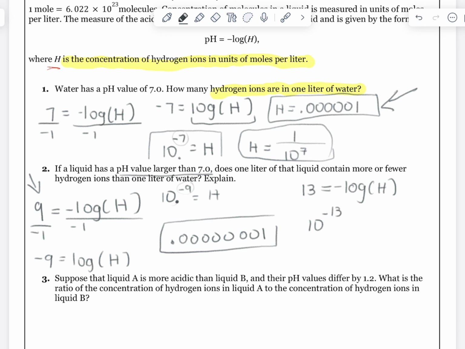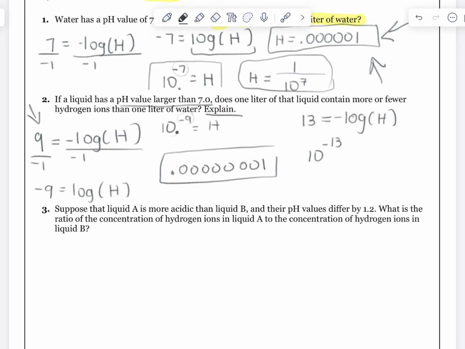Which is an even smaller number than a pH of 7. So to get credit for this question, you would just explain that as the pH increases, the number of hydrogen ions decreases because there is an inverse relationship between the pH of a liquid and the number of hydrogen ions that it contains.